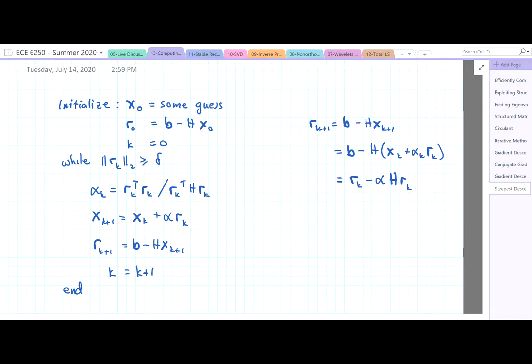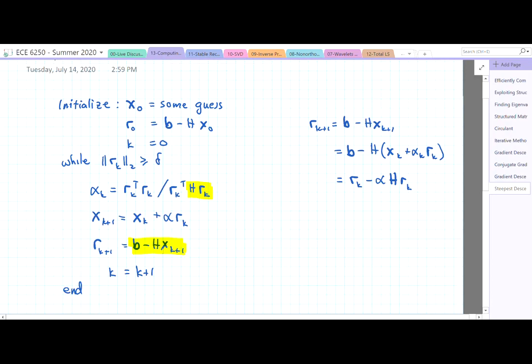So there are two places where we need to apply our H matrix. One of them is H times RK, and the other is right here.